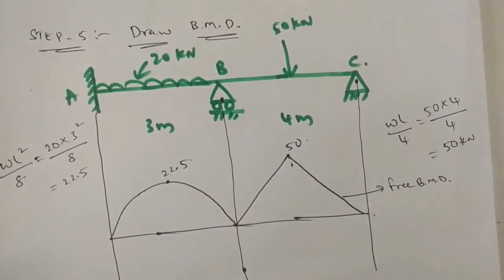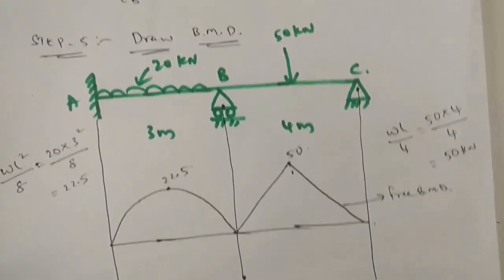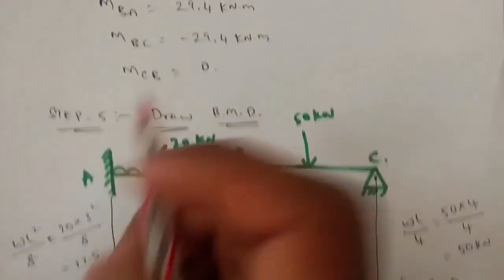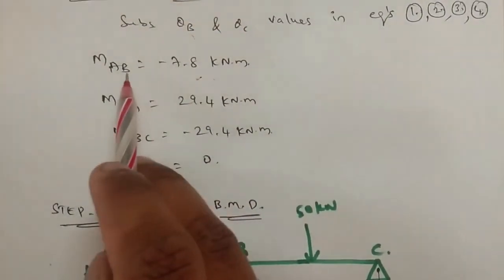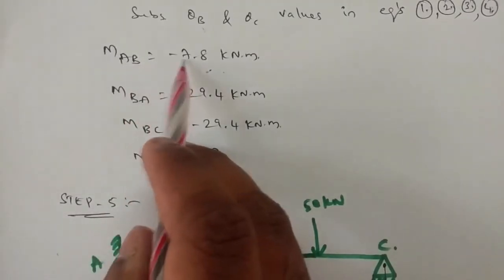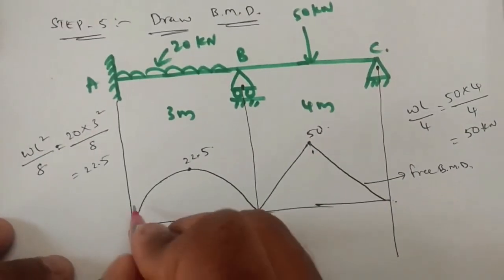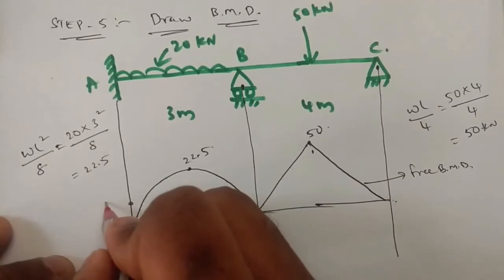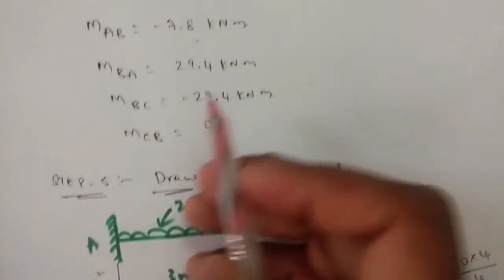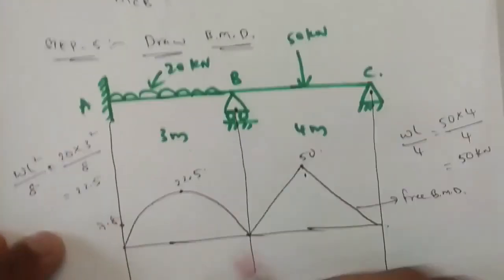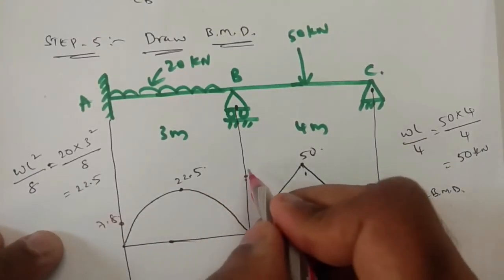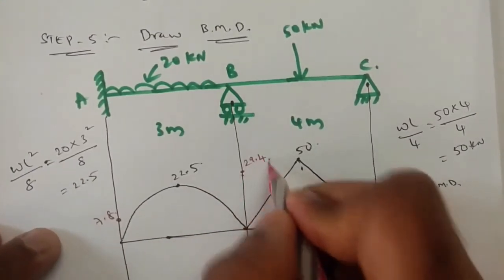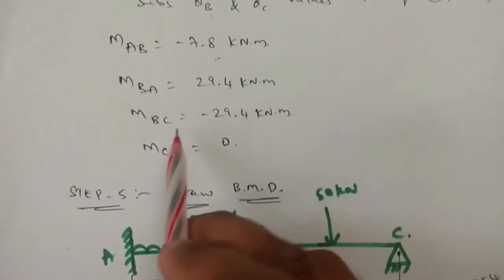Now we have to draw the net bending moment diagram, by considering these values. MAB value is minus 7.8, then again 29.4, above this 22.5 will be written. Here MBC value again minus 29.4, same.